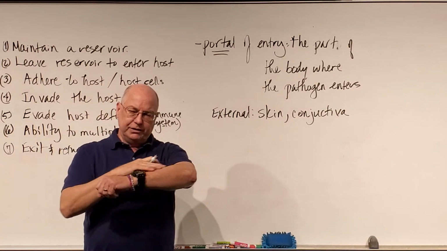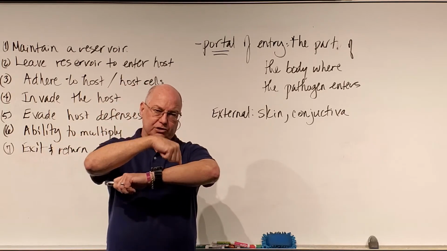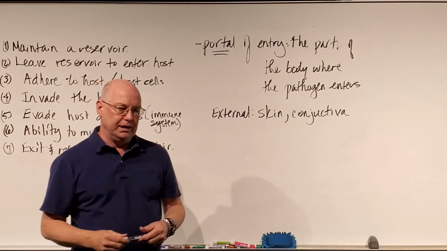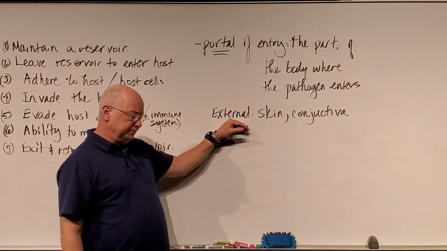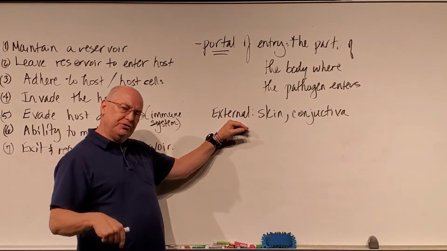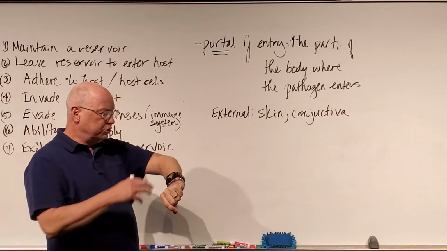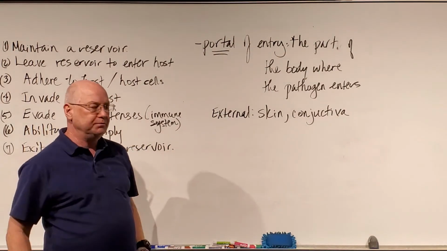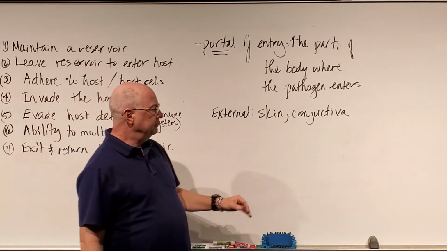A lot of bacteria can live in our skin, and they can get in through sebaceous glands and sweat glands. That's one way that they can enter. As a matter of fact, it's a very common way that a lot of pathogens enter the body through our skin, is actually more so through sweat glands and sebaceous glands than, say, openings and cuts.